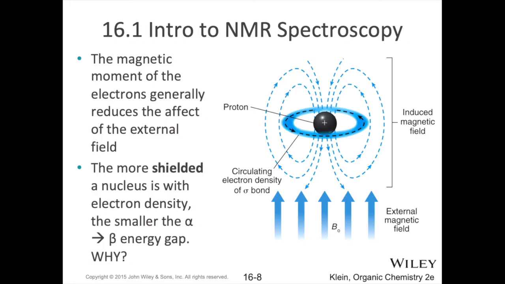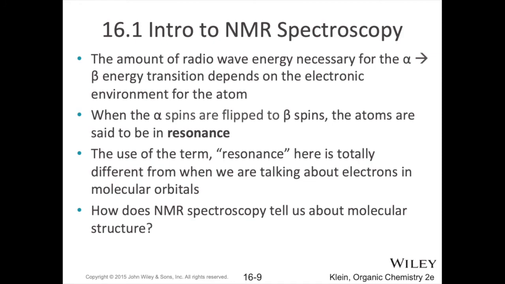The more shielded a nucleus is with electron density, the smaller that energy gap, and vice versa, of course. So when you've found that energy gap, when you've got radio waves of the right frequency to do that flipping, you say that your nucleus is in resonance with that radio pulse. Hence the R in NMR.